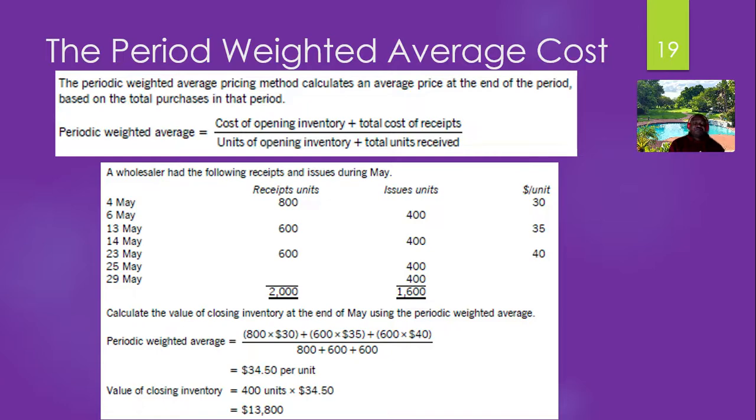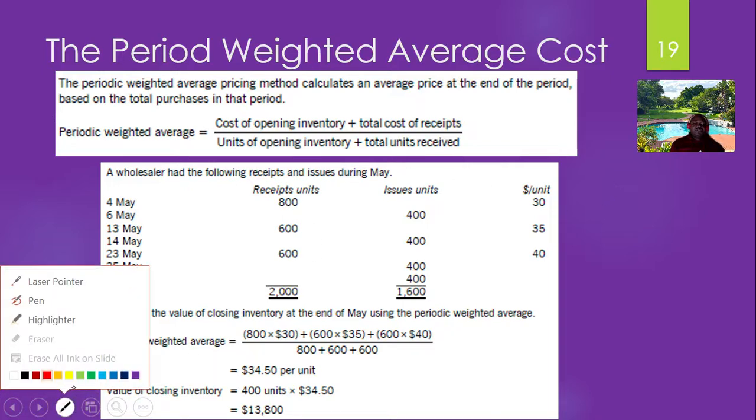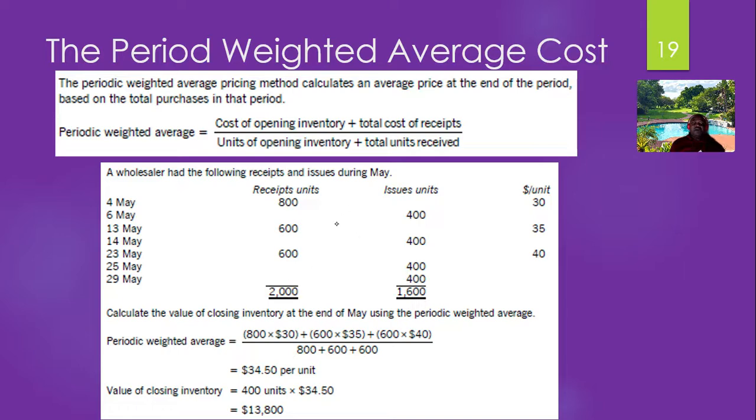received. So in our case, we have a wholesaler who had the following receipts and issues during May. The receipts were these ones. Okay, these were the receipts as you can see here.